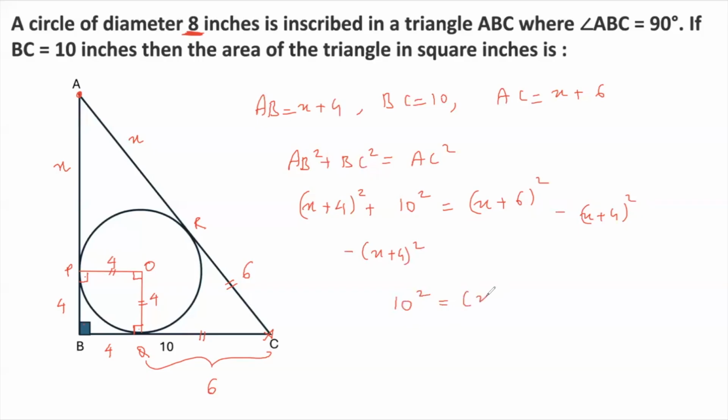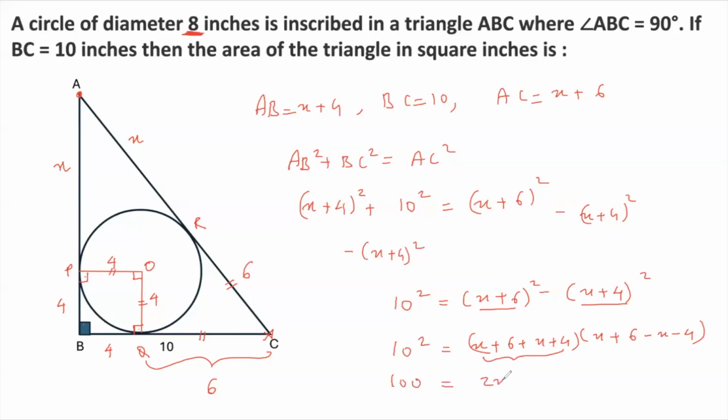On the right hand side, you will have X plus 6 the whole square minus X plus 4 the whole square. This is like A square minus B square. And A square minus B square is always A plus B into A minus B. So X plus 6 plus X plus 4 into X plus 6 minus X minus 4. So the first part simplifies to 2X plus 10. 10 square is 100, which is equal to 2X plus 10 into, in this part, X gets cancelled out, 6 minus 4 is 2.